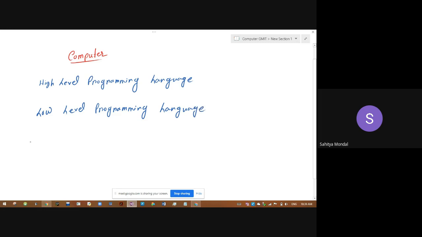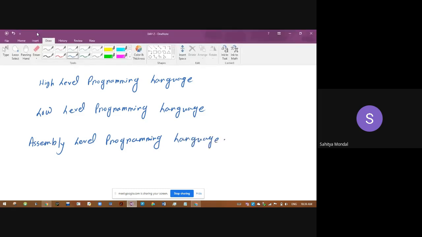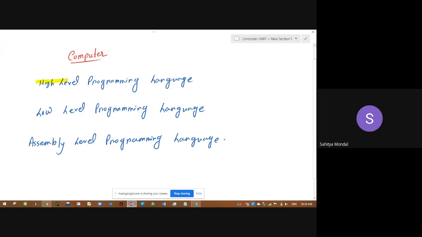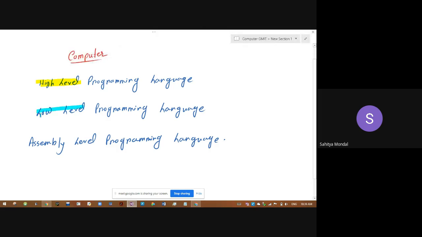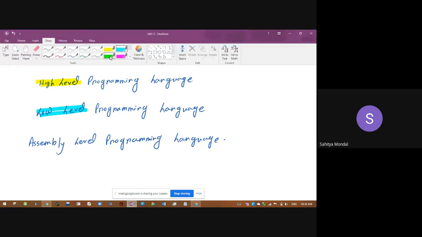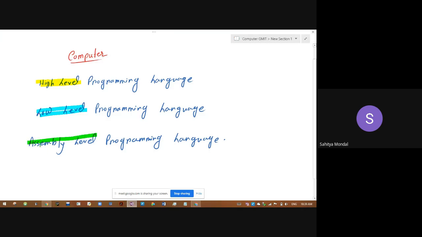And the last one is the assembly level programming language. Now, how can we divide these three categories? One is the high level, the second is the low level, and the last is the assembly level. There are some rules and regulations based on which we make this division into three different categories of language.